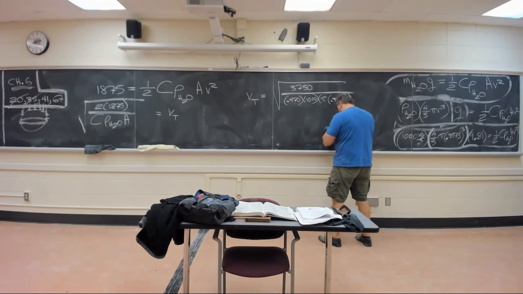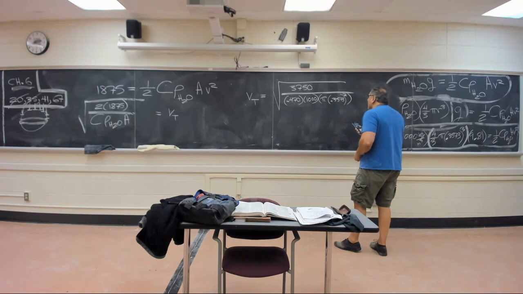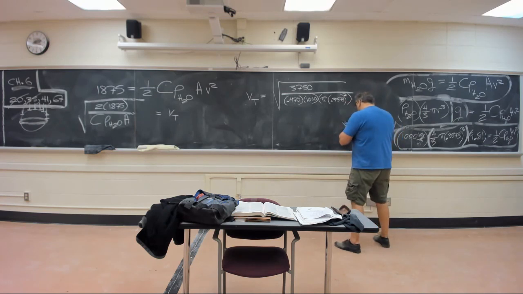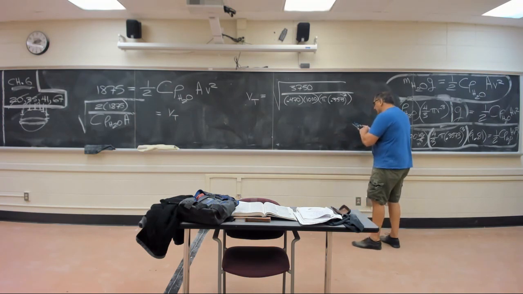Is 470. 470 divided by, got this. Okay, let me just do this, guys, without talking about it. You guys can see how to do it, same way you would do any problem like this.